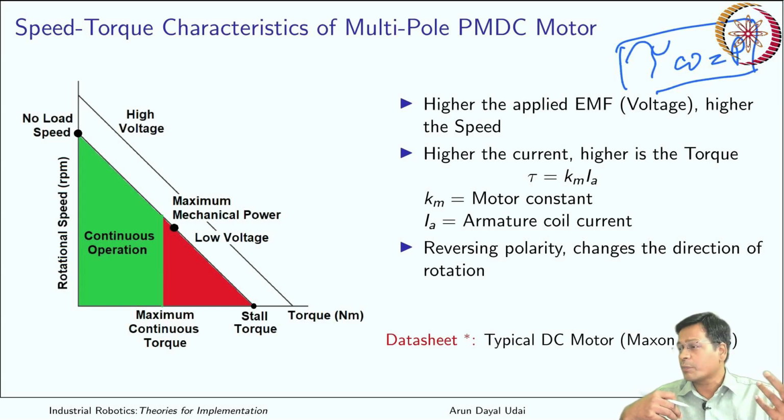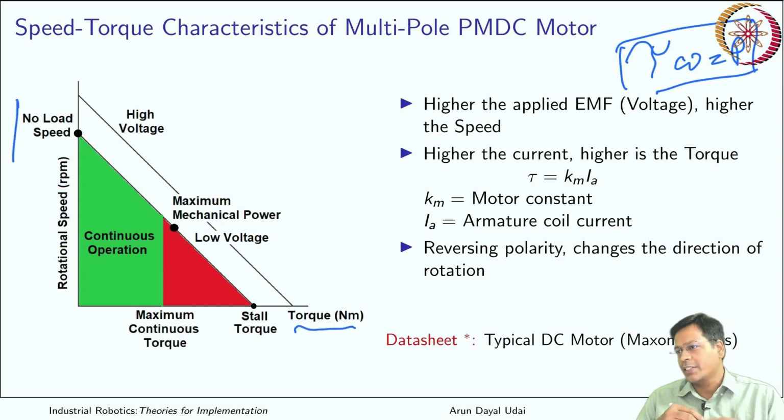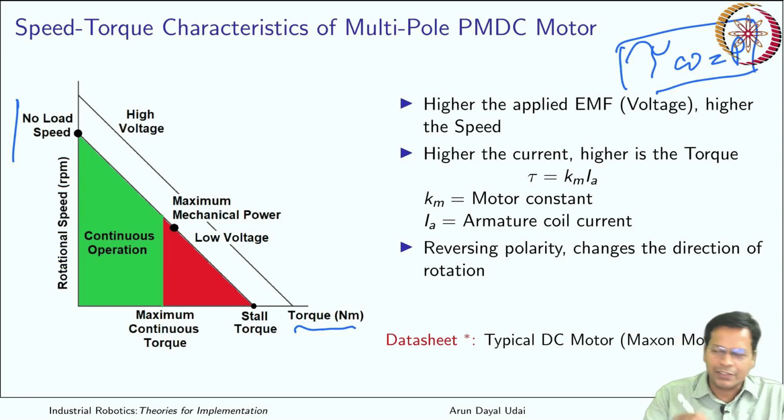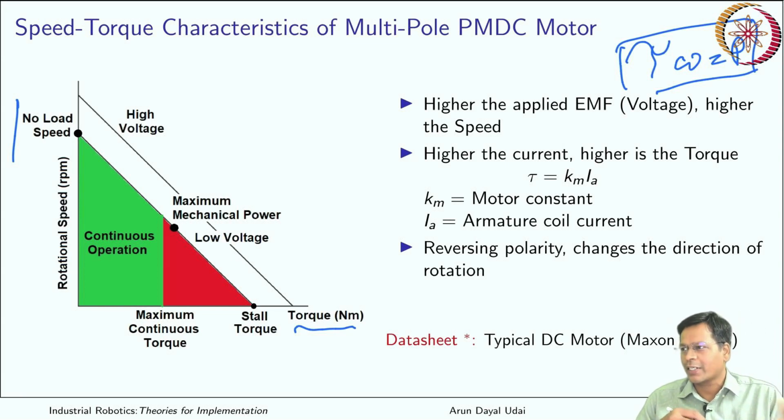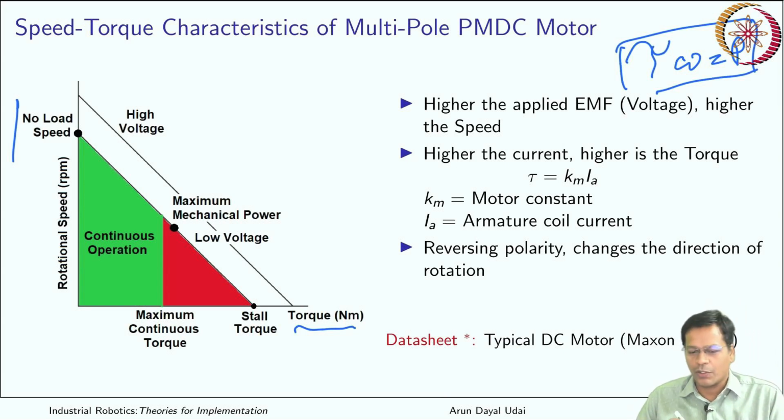But it should not be in a straight line. What you see here is a plot between the torque and the rotary speed, and it is somewhere like this. Actually it is not like this; the actual relation is something else. This is the operational diagram of a typical DC motor. I'll show you the correct picture of this also.